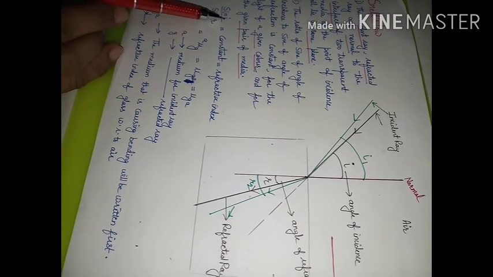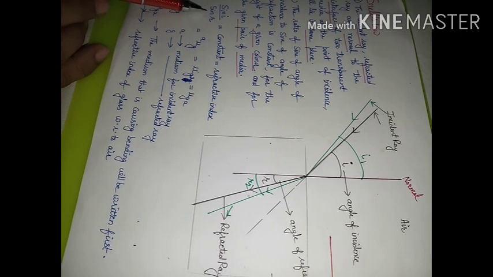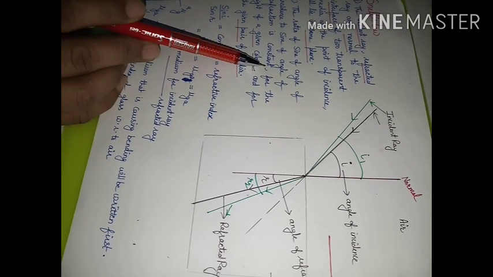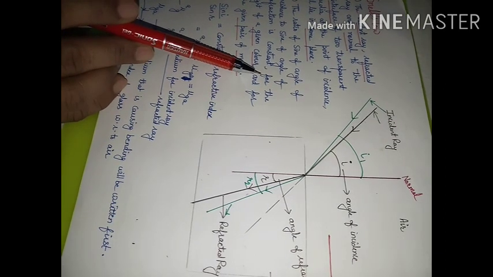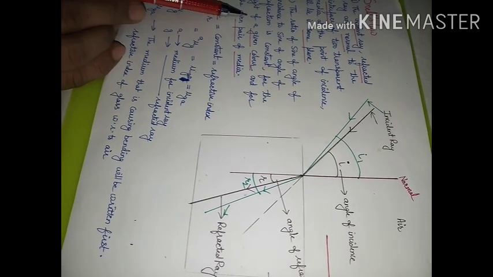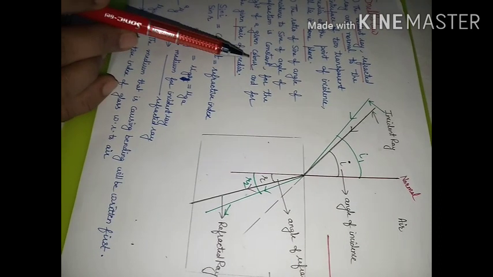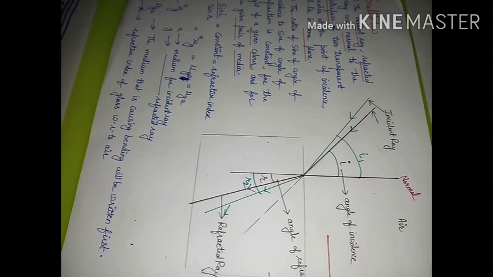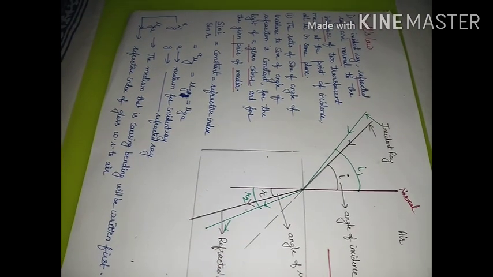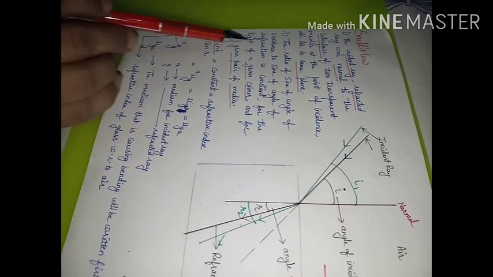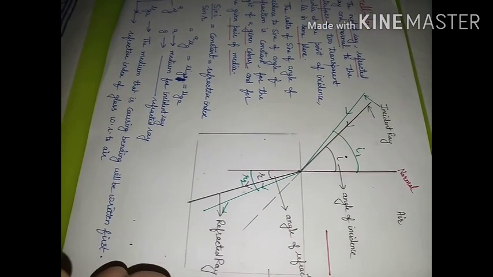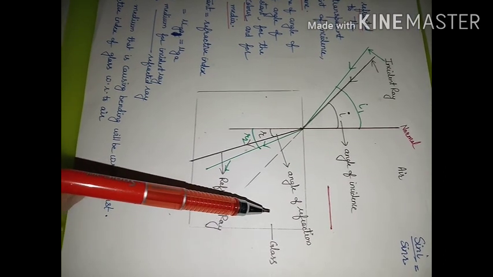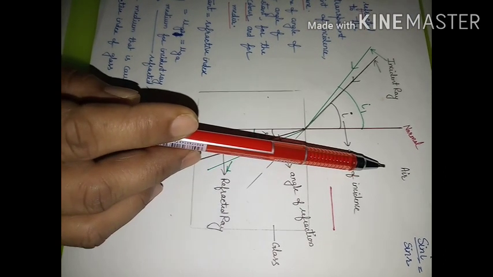Sine of angle of incidence to sine of angle of refraction is a constant value, provided the color of the light remains the same, and for a given pair of media, it means this medium and this medium should remain the same. Let us consider this law once again. For a given pair of media, it means during the experiment you are not going to change the medium. Air you will not replace by water.